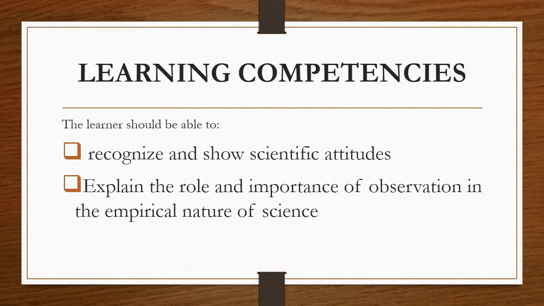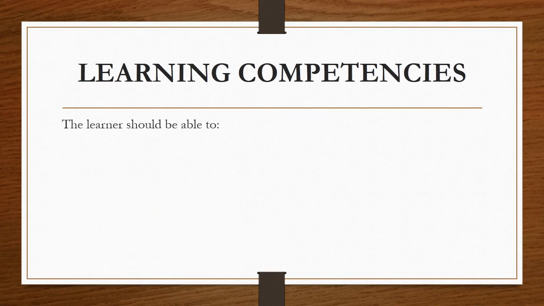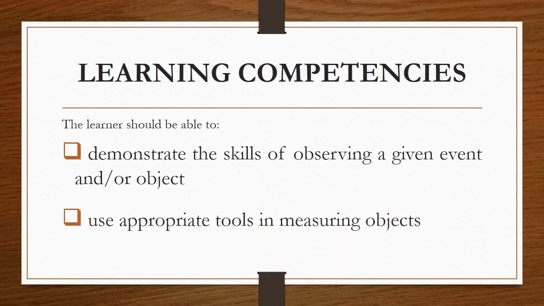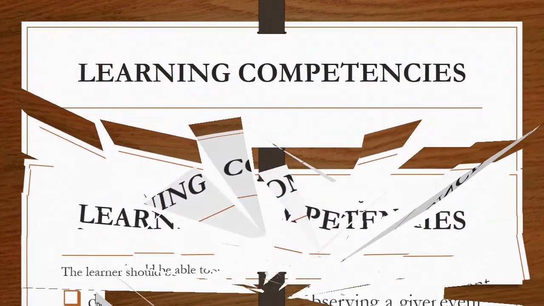Number two, explain the role and importance of observation in the empirical nature of science. Number three, demonstrate the skills of observing a given event and or object. Number four, use appropriate tools in measuring objects.